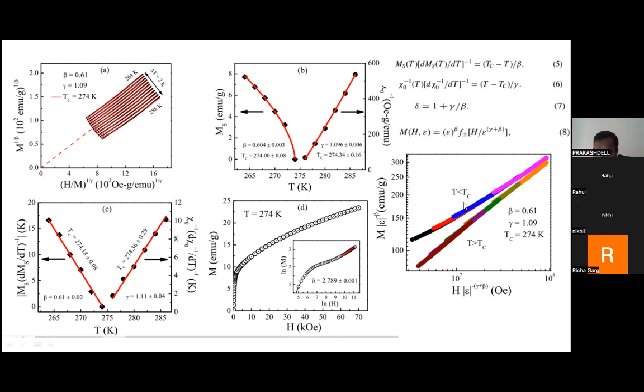Therefore, you see in this plot they are both different. The critical exponent values at less than TC and greater than TC do not merge one over another. That clearly says there is a transition occurring in between where some critical, or Griffiths, phase is present, which we have already seen from the FC-ZFC.